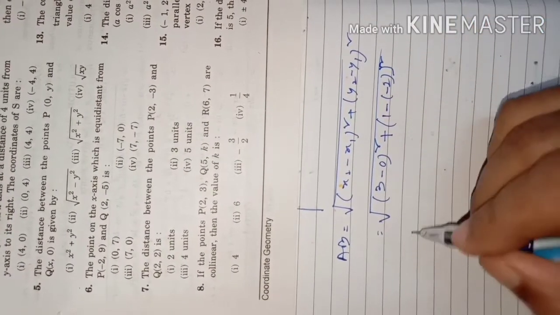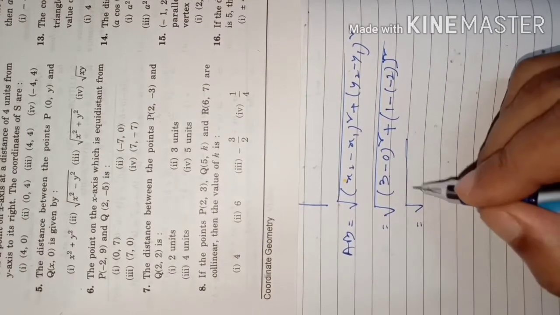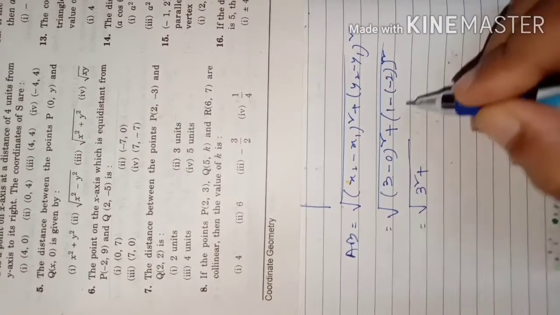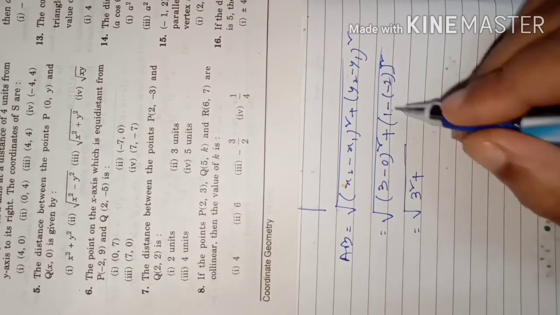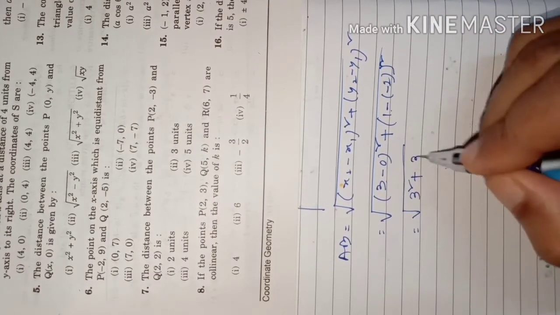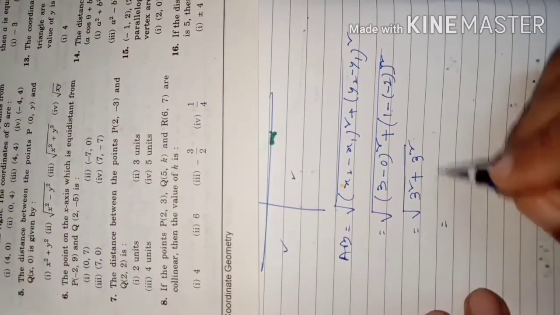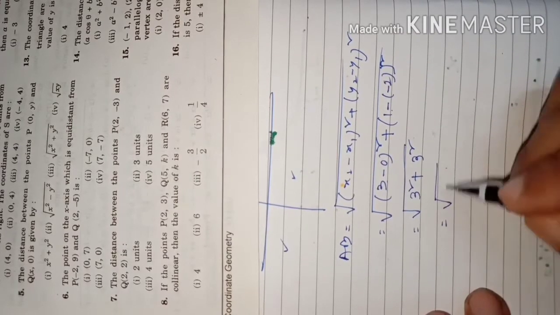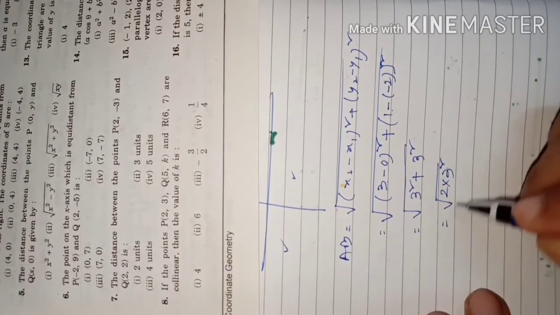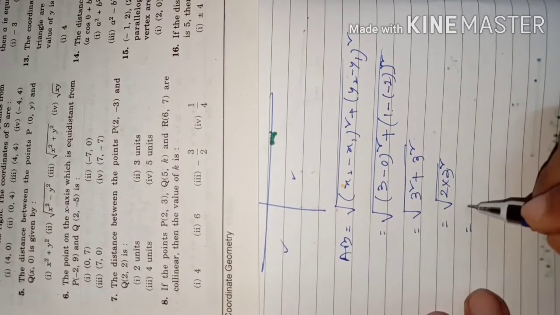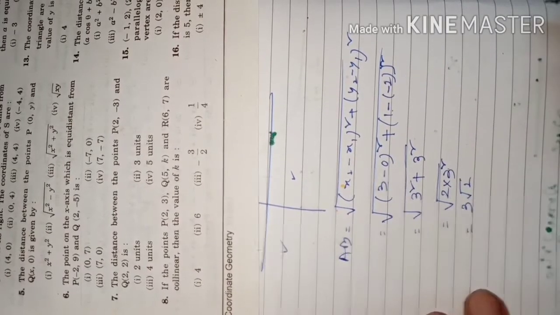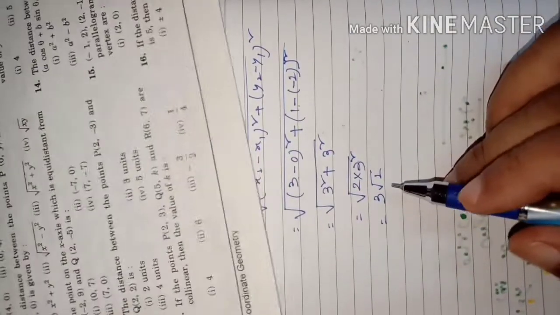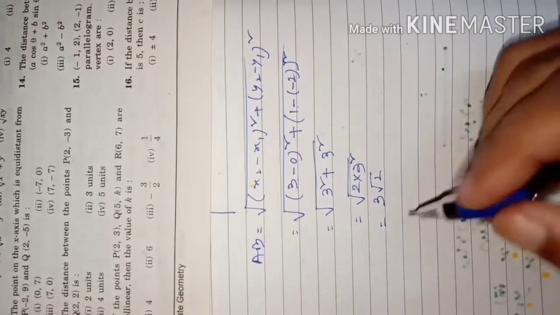Under root, 3 minus 0 is 3, so 3 squared, plus 1 plus 2 is 3 squared again. How many 3 squared are we getting? 2 times, so you write under root 2 times 3 squared, which will be 3 under root 2. So AB is 3 root 2.